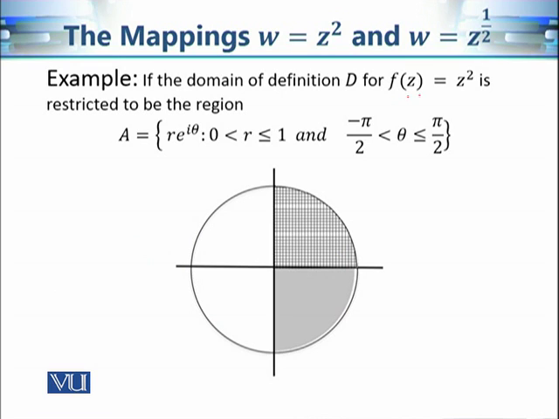So the function is the same, z square, but the domain is restricted to this set A. Now we can sketch this domain in the complex plane. So it consists of all the complex numbers for which the modulus lies between 0 and 1, and r is not allowed to be 0, and it is less than or equal to 1.